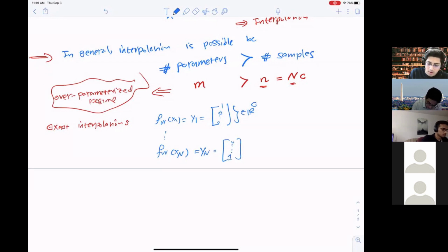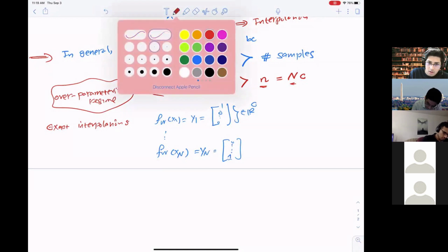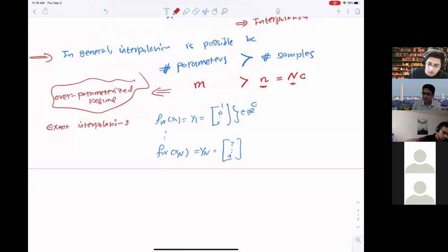So I'm going to summarize these equations. Each training sample adds C constraints to my system. Suppose C is 1, then it adds 1 constraint for each training sample. So I'm going to summarize all of these constraints, or all of these equations that I want to satisfy for my interpolation, using this big function f.